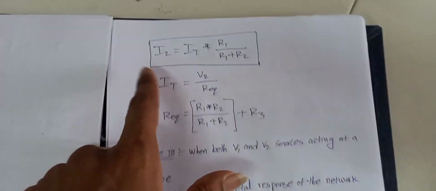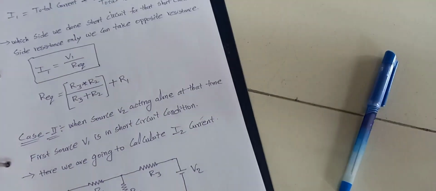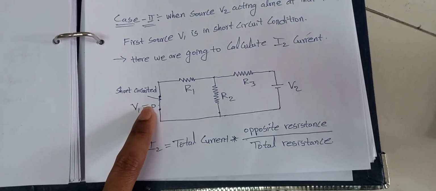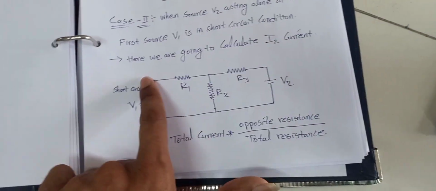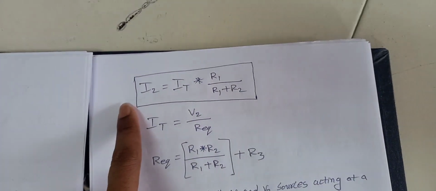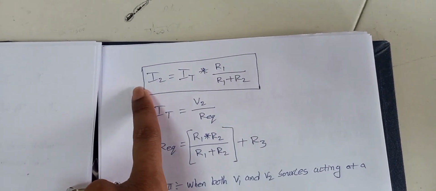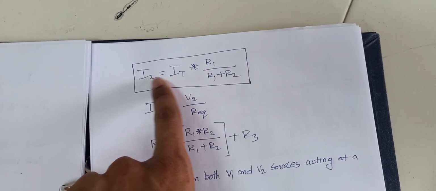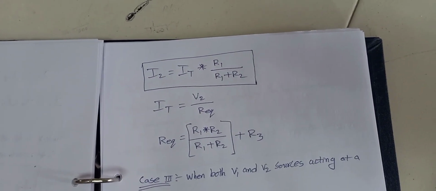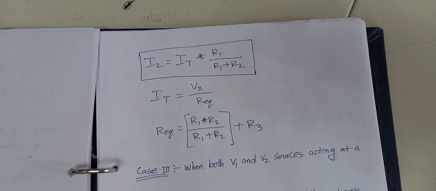But here the opposite resistance changes, because the short circuit is on this side, so the opposite resistance is these two resistances only. We apply the current division rule for these two resistances. So I2 equals IT into R1 by R1 plus R2.